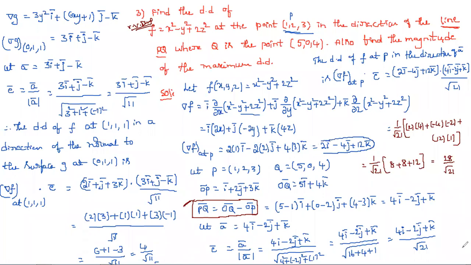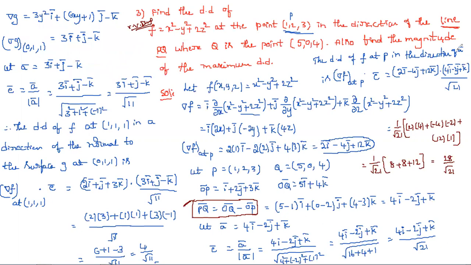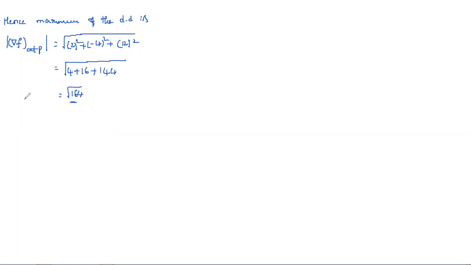For this magnitude we need to calculate the square root of 2 squared plus minus 4 whole squared plus 12 squared. So this is 4 plus 16 plus 144, which is the square root of 164. So this is the maximum directional derivative. The magnitude of the maximum directional derivative is the square root of 164.